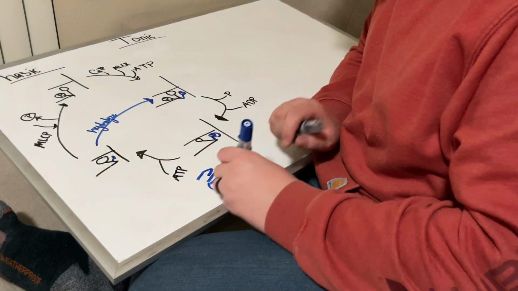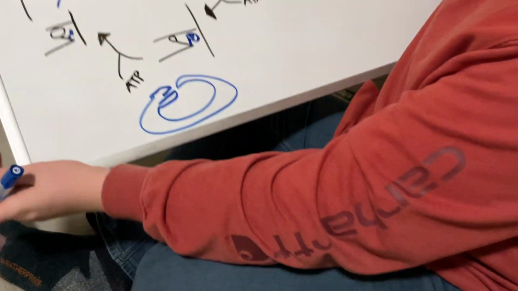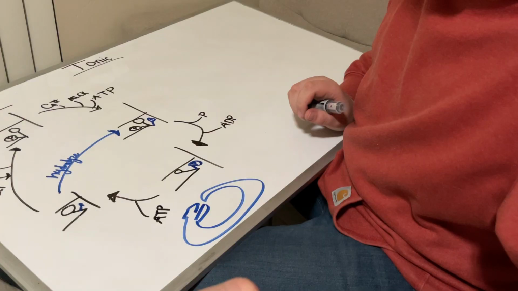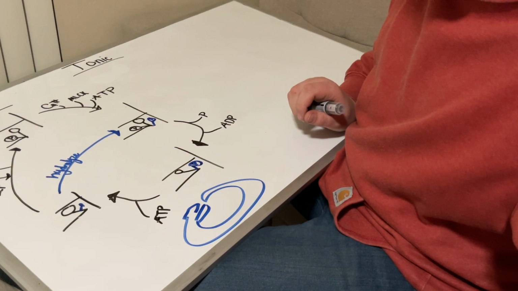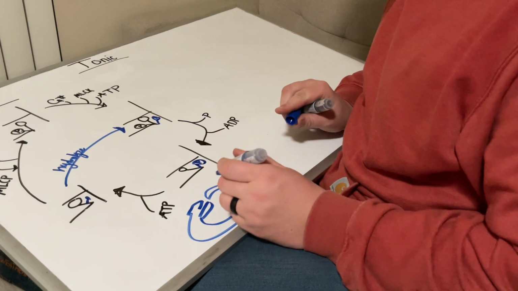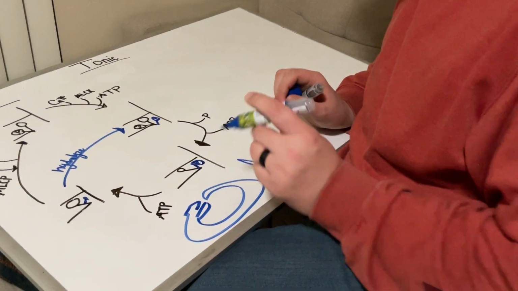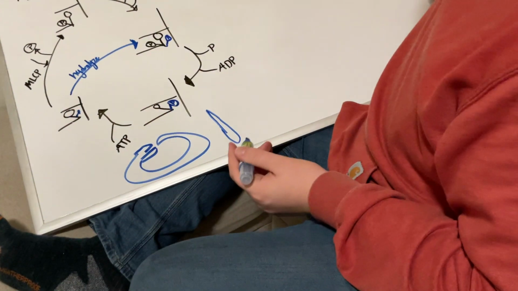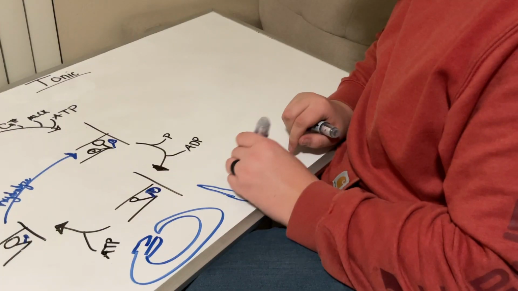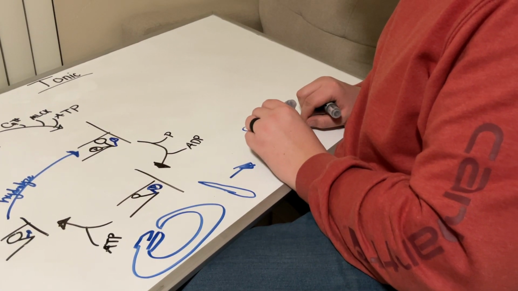When it's inactivated, it looks like its tail is eating itself, and it gets activated when calcium binds the calmodulin. So if it's inactivated, it looks like that. Once it's activated and calcium binds the calmodulin, then it'll look like this.